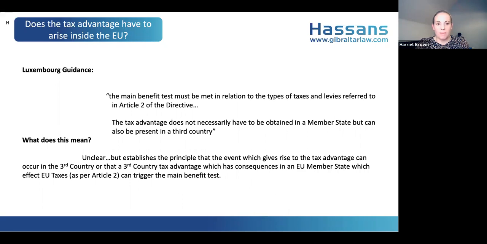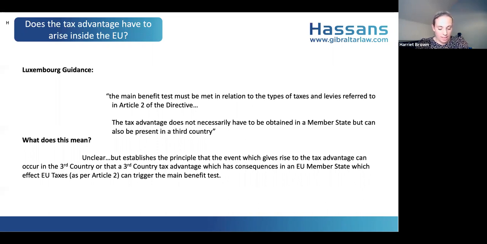So what on earth does that mean? If it's got to be within Article 2 of the directive, then one would say it must be an EU tax. But that doesn't appear to be the case, according to Luxembourg. And we understand anecdotally the Luxembourg authorities have been asked about this, and they haven't yet given a clear answer.